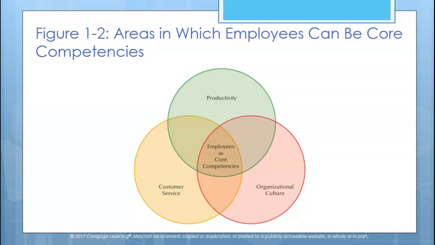Your customer service is how committed are you to making sure people get good customer service. And finally, your organizational culture. Are you formal or informal? Are you welcoming or are you rigid? All these things cross over to employees being at the center of it. They make things. They represent the company to people, and they also build a brand and an organizational culture.